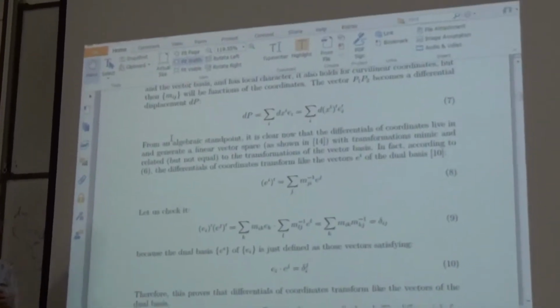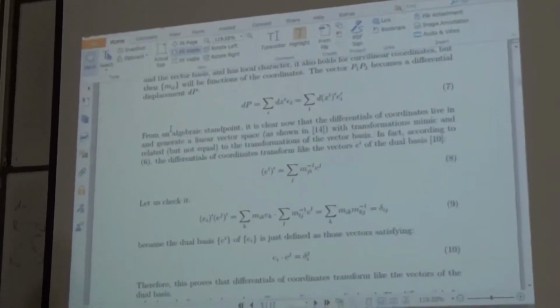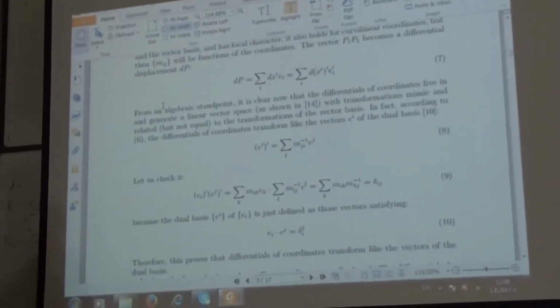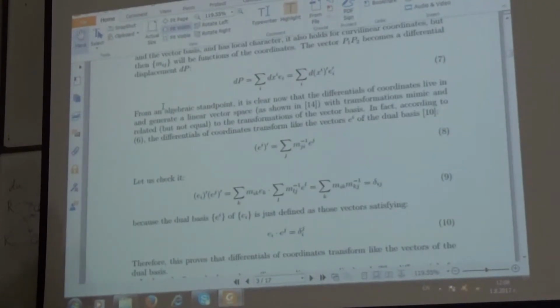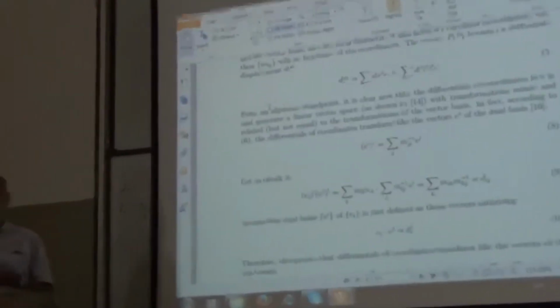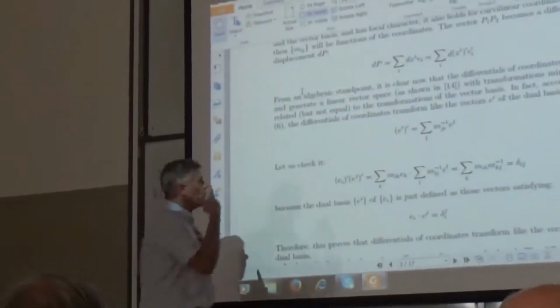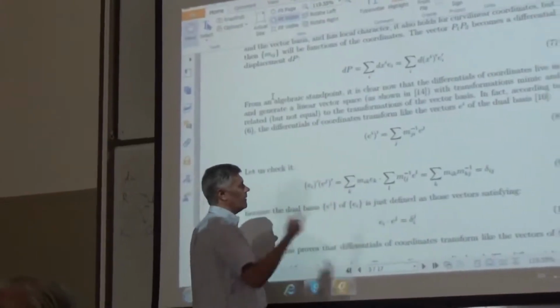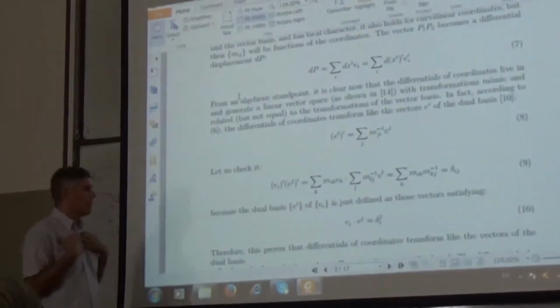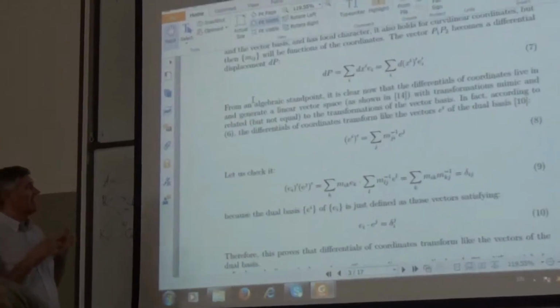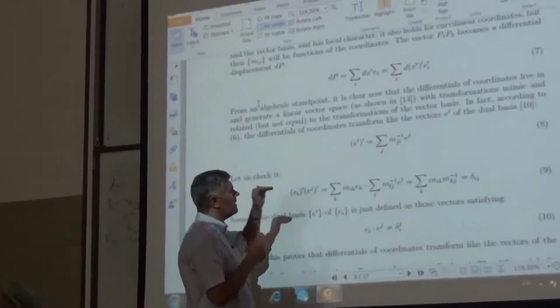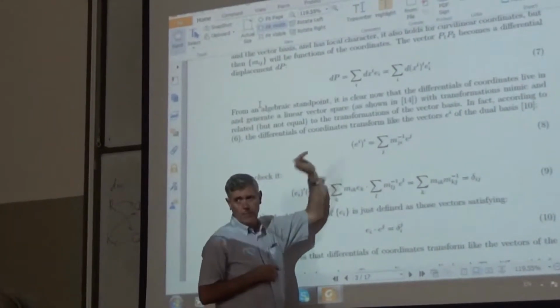The dual basis is usually used just in crystallography. The directions of the crystallographic planes are dual of the directions of the vectors of the crystallographic network. It is not used in mathematics because we only need one basis. We do not need two bases. But what I am showing here is that differentials are transformed as the vectors of the dual basis.